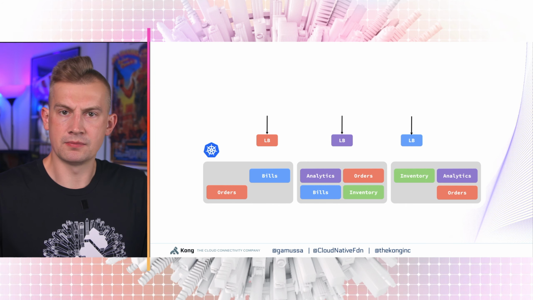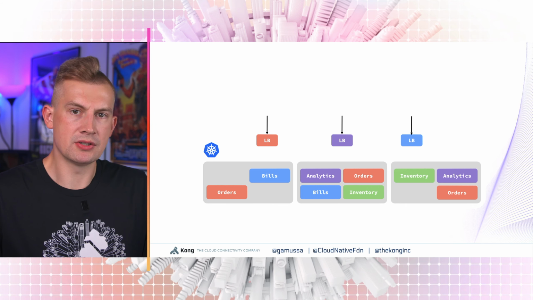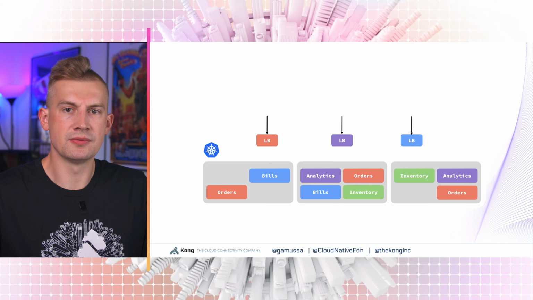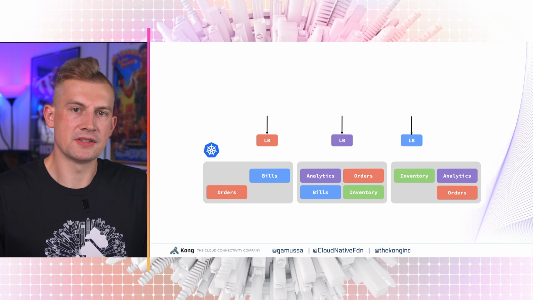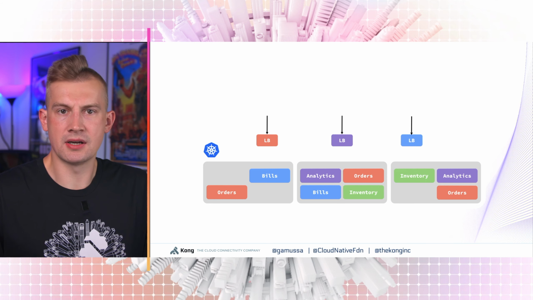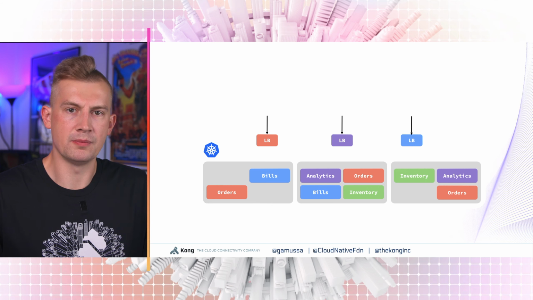It's a very simplistic way of thinking of this. So each service, if you see this brownish or reddish color, that will represent the orders service and it has its own load balancer. We also have a load balancer for the analytics service, and one for the billing service.